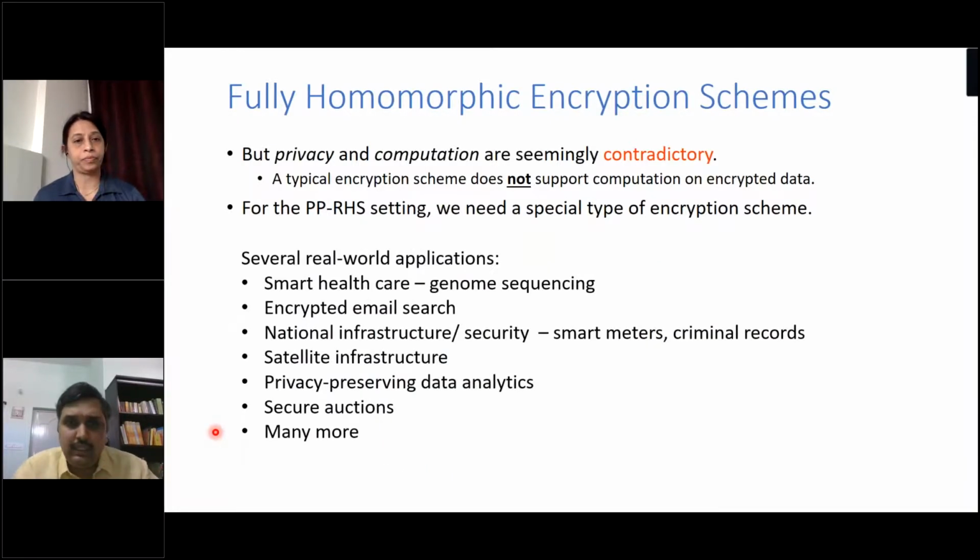As you can guess, this type of encryption scheme has a lot of potential real world applications. For instance, you can offer smart and private healthcare. Before sharing the data for any analytics, like genome sequencing, you can encrypt all of it, and the cloud service provider will only work on the encrypted data and provide back to the hospital results in encrypted form.